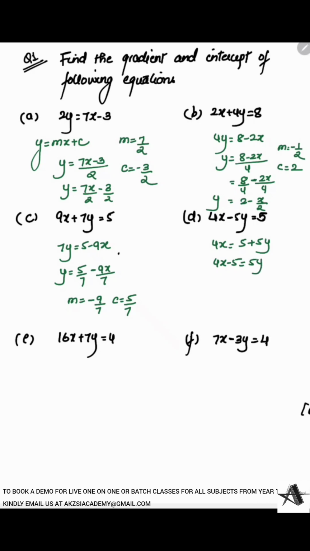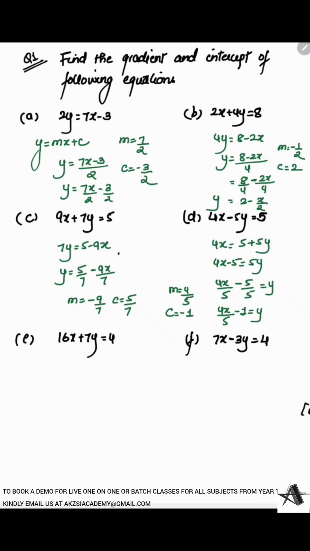Dividing both sides by 5, you will get 4x over 5 minus 5 over 5 equals y. It's important to divide them separately because ultimately we want to know the value of gradient and y-intercept. So it would be 4x over 5 minus 1 equals y.